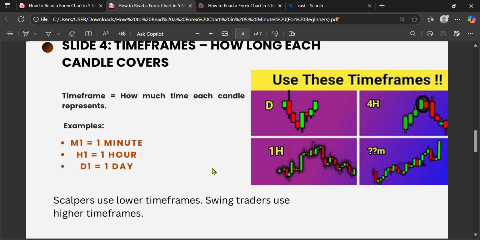The day traders use daily, 4 hours and 1 hour. And swing traders are those people who can hold their trade for a long period of time, 1 week, 1 month, 6 months, 1 year and above. So they use daily, weekly, monthly and yearly like that.